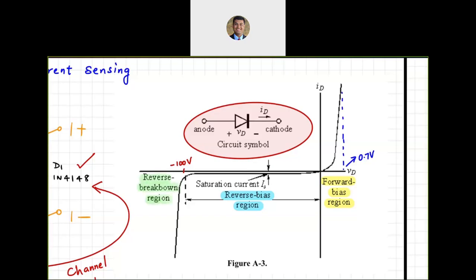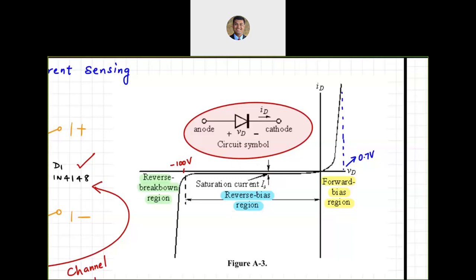So as you can see, this is broken up into three regions: forward bias, reverse bias, and the reverse breakdown region. All of them depend on the voltage across that diode. And if we know the voltage across the diode, we will be able to comment on how much current flows through it. Is it going to be very small?